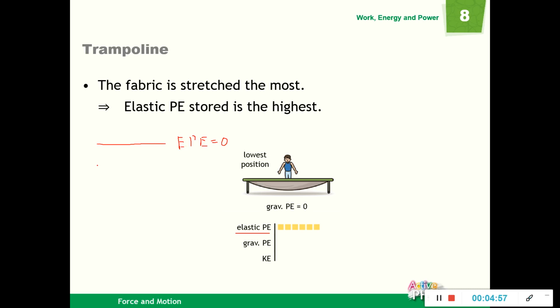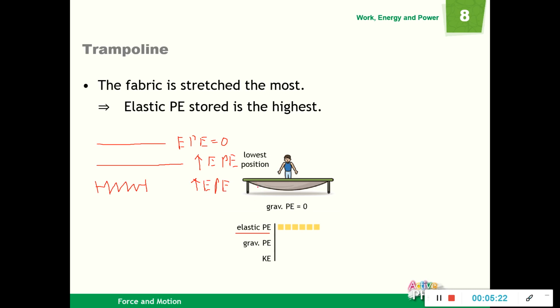But when you extend it, then in this case, EPE will be increased. If this one is not a string but a spring, under a compression, EPE will also be increased, like that.